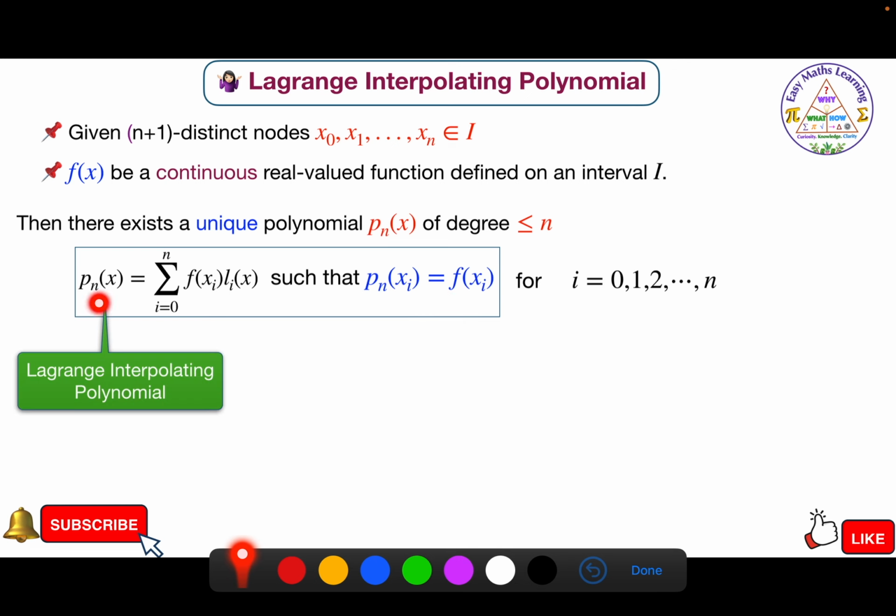This polynomial Pn(x) is called the Lagrange interpolating polynomial, or the Lagrange form of interpolating polynomial.